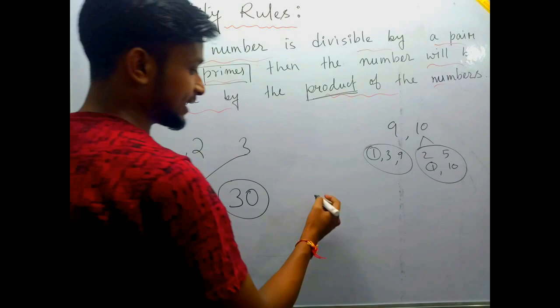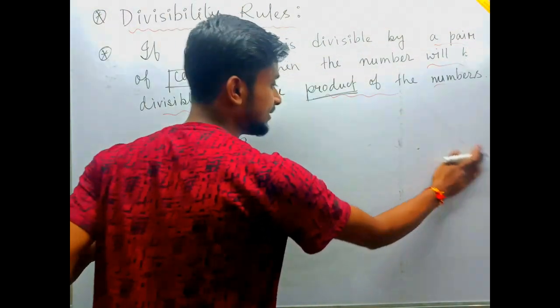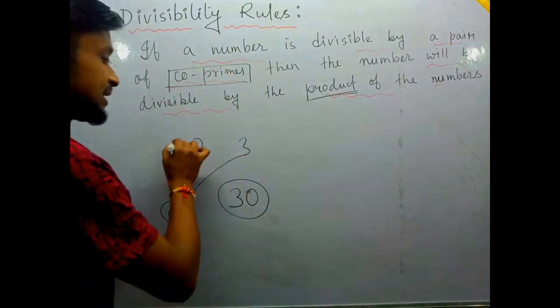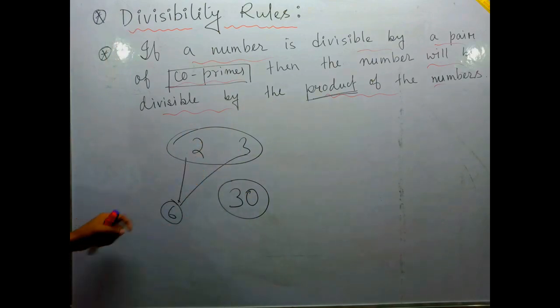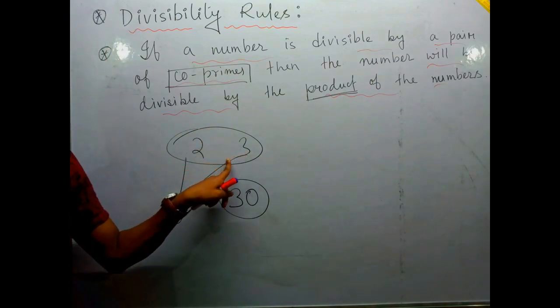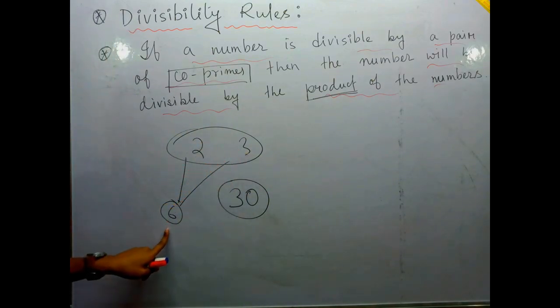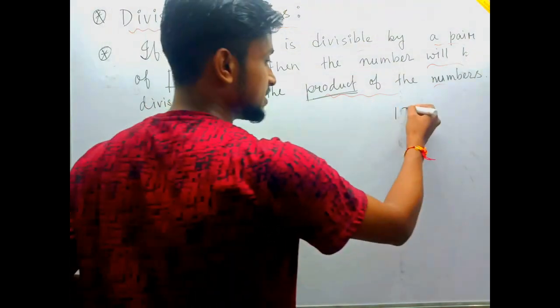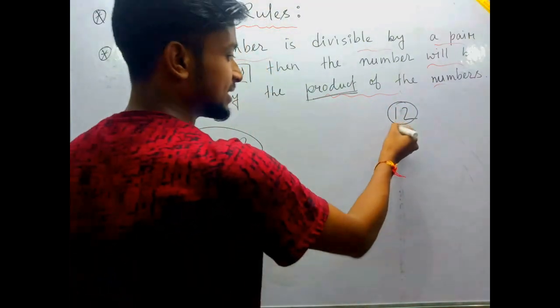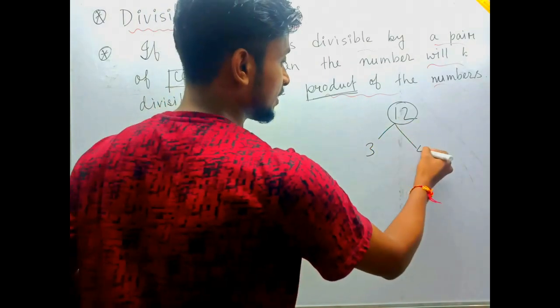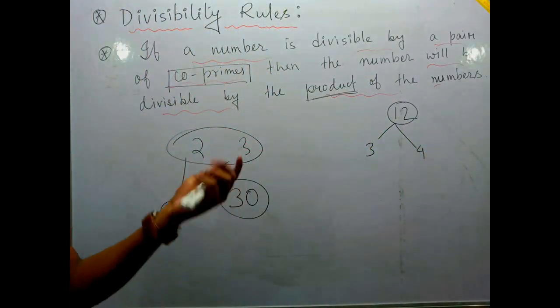So let's take one example. The divisibility rule of 6 was: if a number is divisible by 2 and 3, then the number is divisible by 6. So what will be the divisibility rule of 12? If a number is divisible by 3 and 4, then the number will be divisible by 12.